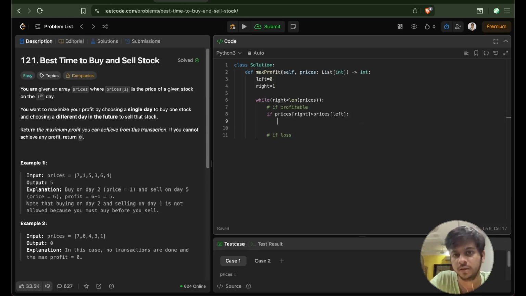And by the way, this is where we buy and this is where we sell. Now we are starting off our code. So if this is the case, then I will just log my profit. This profit is equal to prices of right minus prices of left.